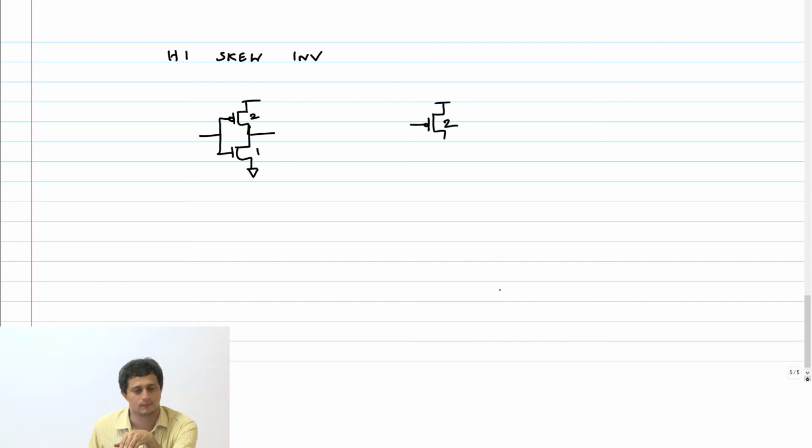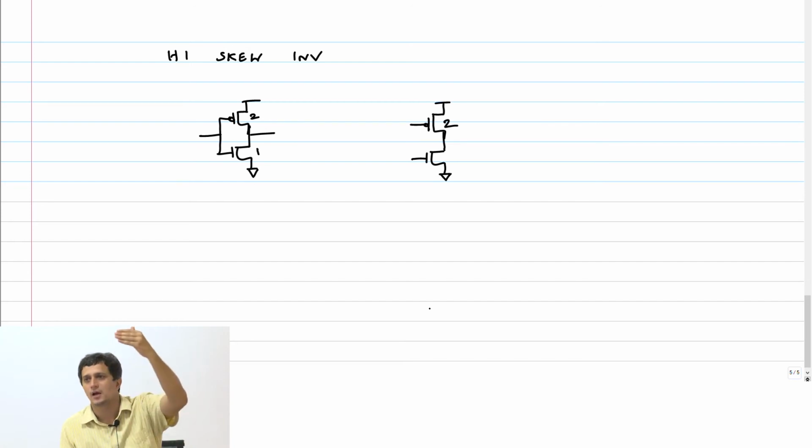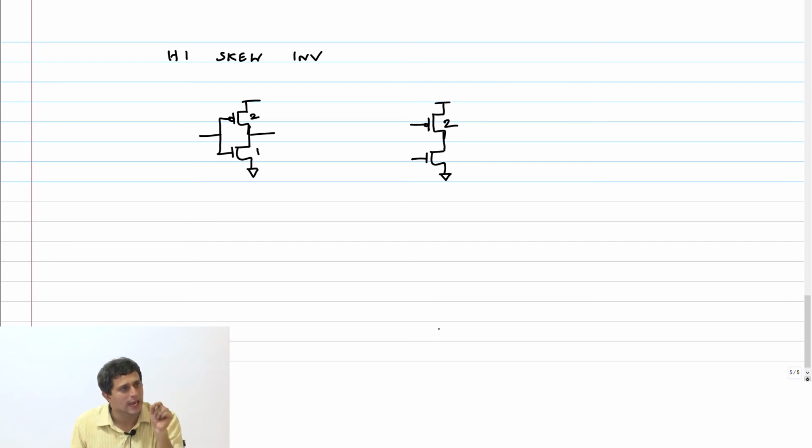This is fixed. So when the output is rising through the PMOS transistor, the capacitance that is coming from the NMOS is dead weight. Therefore, I am going to reduce that capacitance. So I will make this half, assuming that the unit width is larger than the minimum width allowed in the technology.